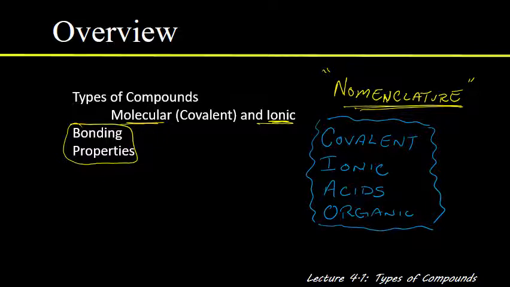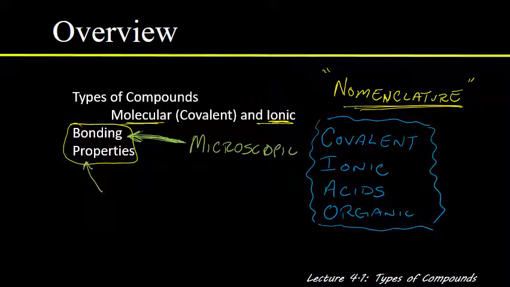Okay? And going back to a running theme in this course, we define the difference between covalent and ionic compounds. Molecular and covalent are synonyms, essentially. The difference between covalent compounds and ionic compounds is defined by their bonding, and the bonding, of course, is part of the microscopic representation, because that's how they're put together on an individual molecular level.